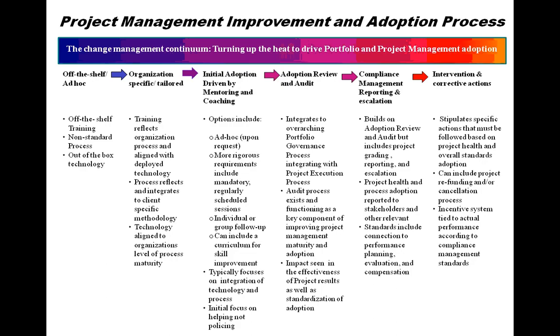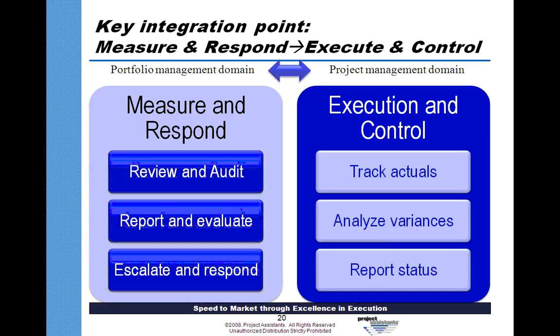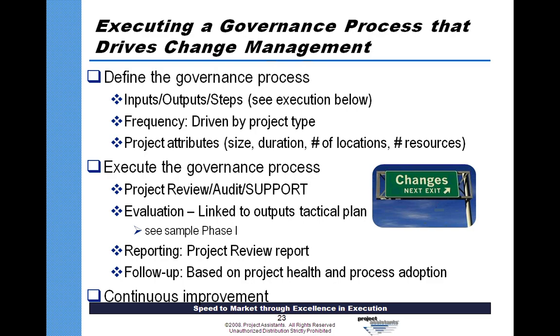At a detailed level, just to show a little bit of this back-end process, how do we drive change? And really what we're talking about again, if we go back to slide 20 and talk about, okay, there's this integration point, so we're going to review and audit, we're going to report and evaluate, we're going to escalate and respond against what's happening at the project level. What we're really talking about is having these processes defined. Right? The governance processes need to be defined.